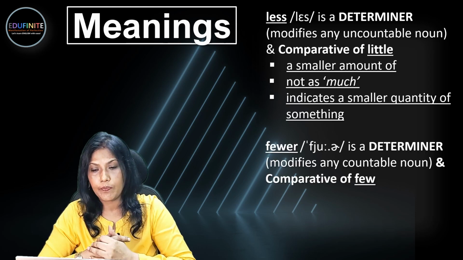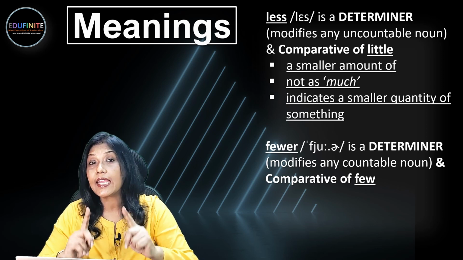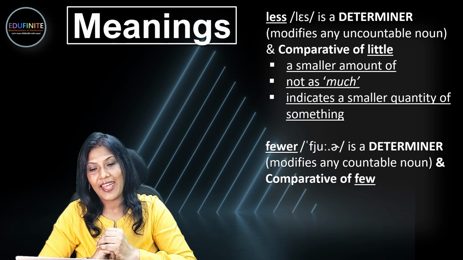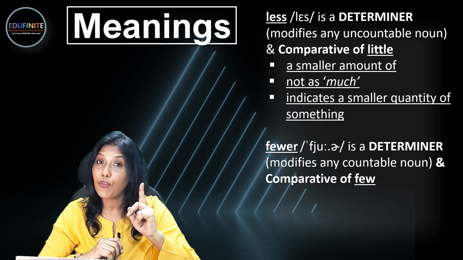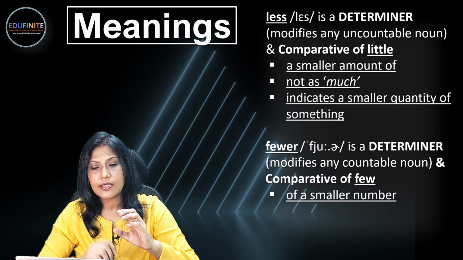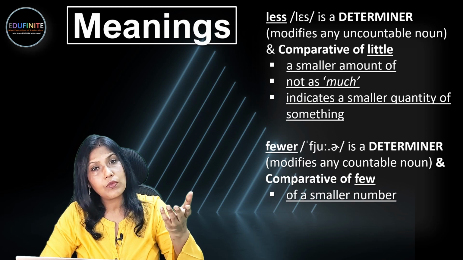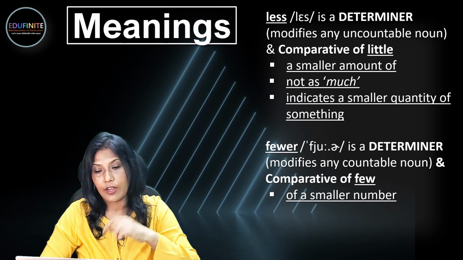Next, we have fewer, which is also a determiner. That means it modifies any countable noun and is the comparative form of few. And it means of a smaller number. That means anything that is countable, of a smaller number.